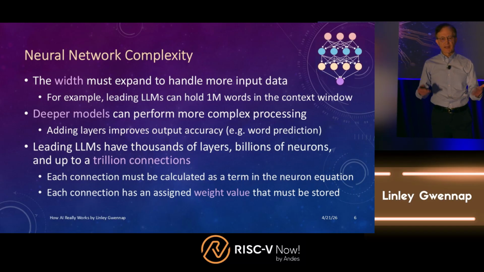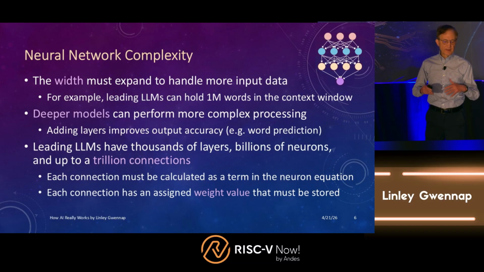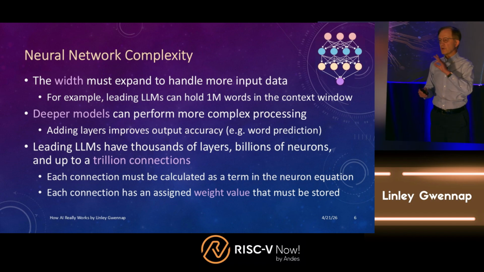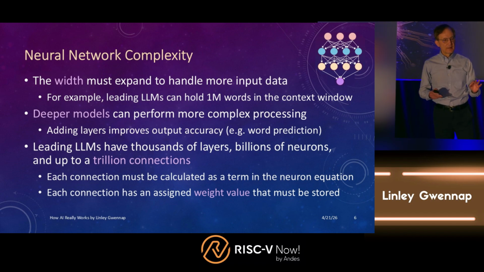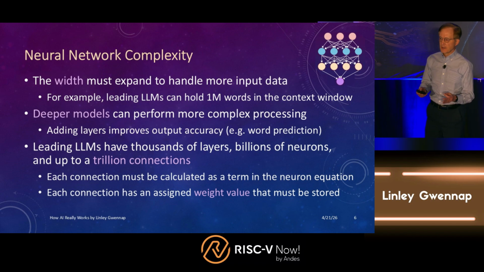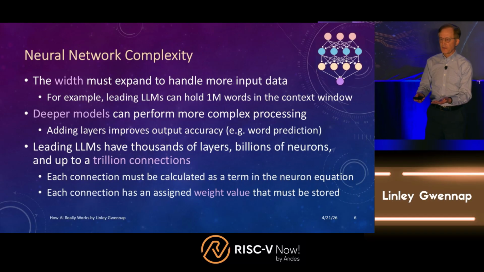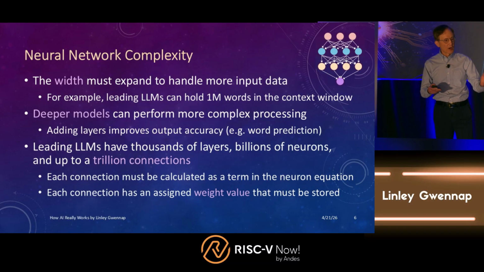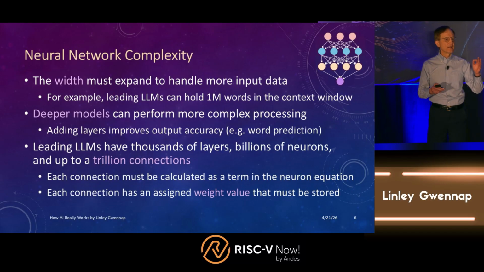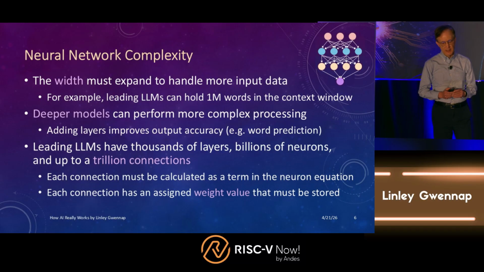If you want to be more technically accurate, you would say you want to improve the output accuracy. So for example, in word prediction, you're more often predicting the correct word in the sequence, or in an image model, you're more accurately labeling what the object in the image is.